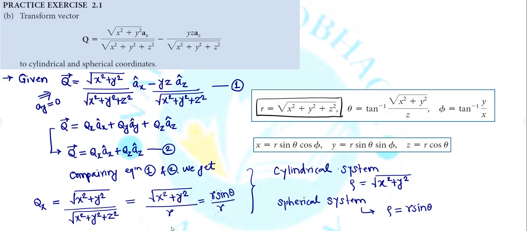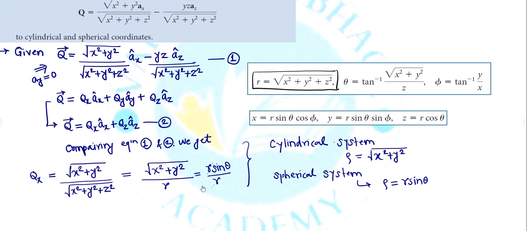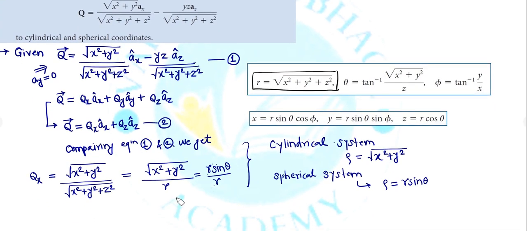So what is left? We have qx equals simply r sine of theta. Not exactly r sine theta, sorry for that. This r and this r will get cancelled out, so we have qx equals only sine of theta.